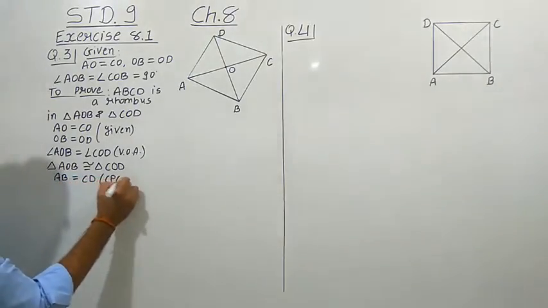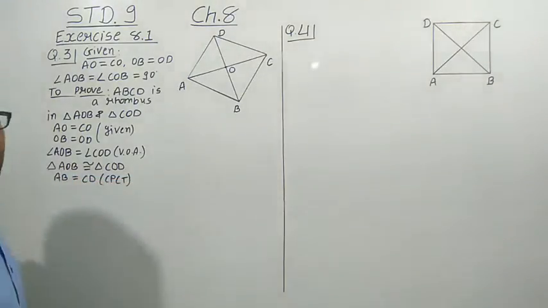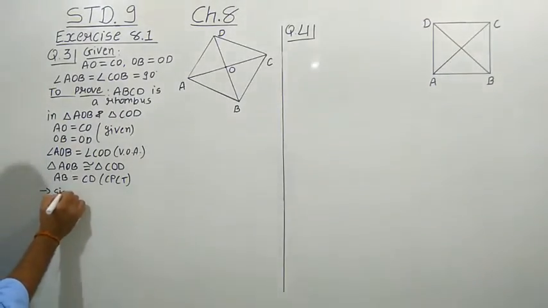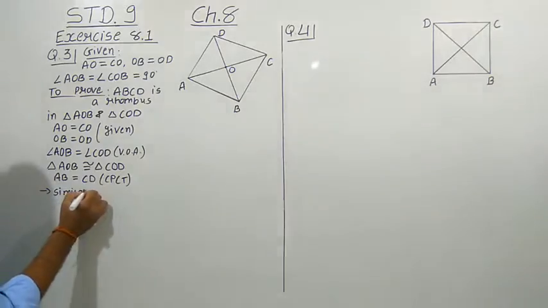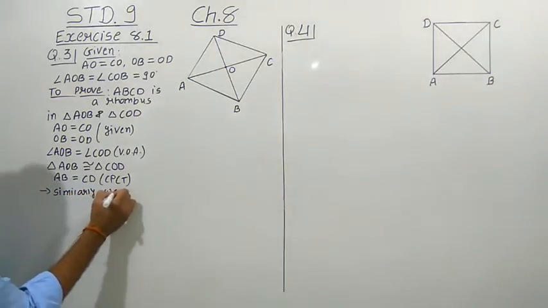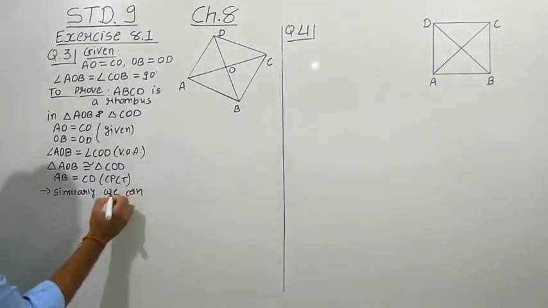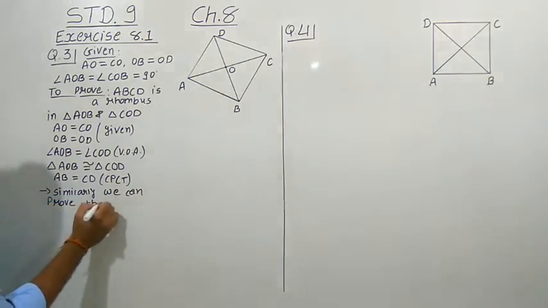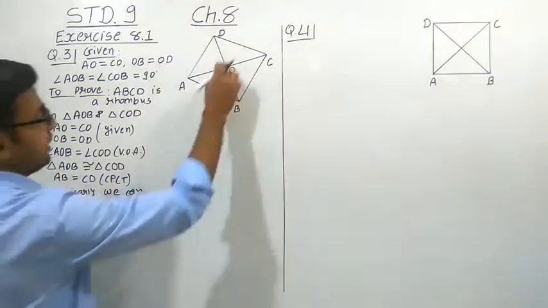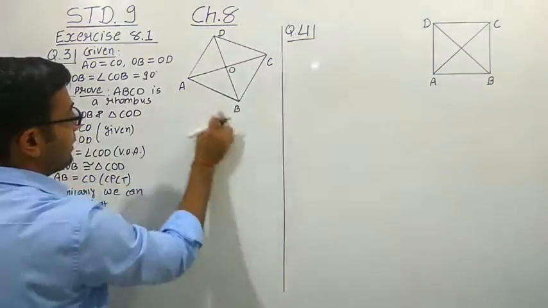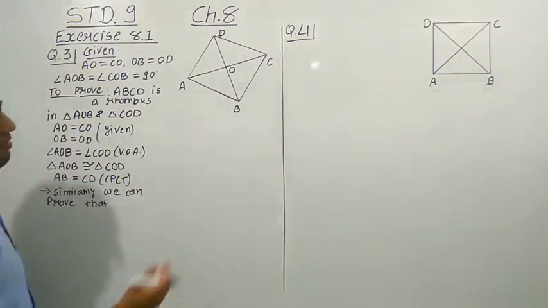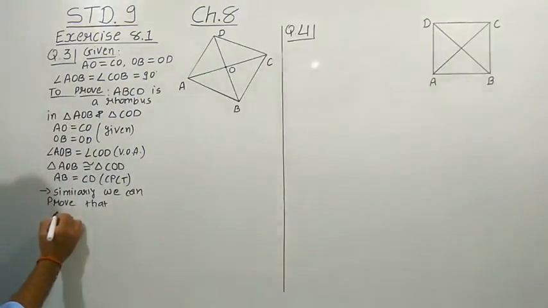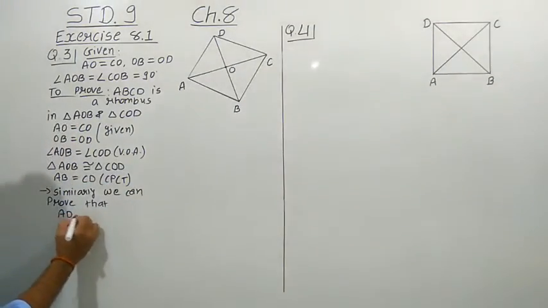Similarly, as we have taken these two triangles and proved that AB is equal to CD, in the same way we can prove that AD is equal to BC.